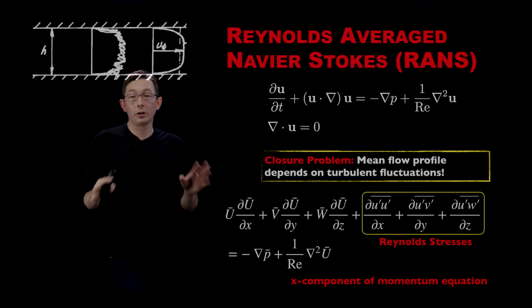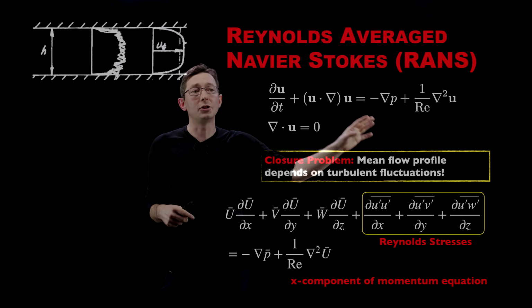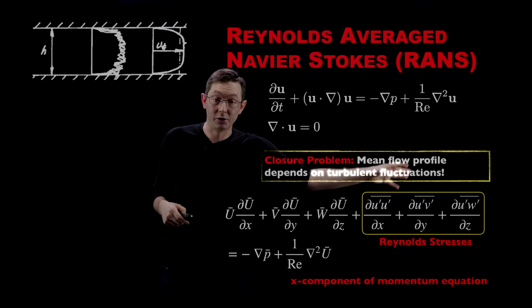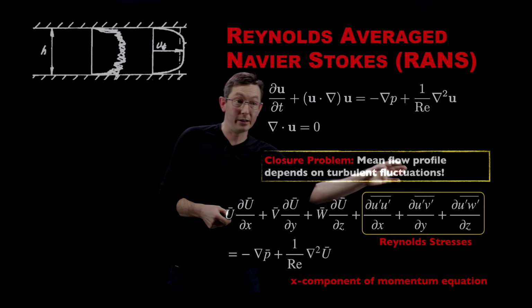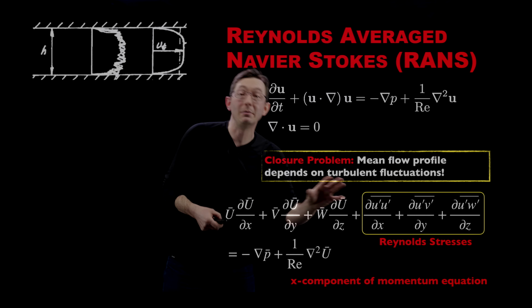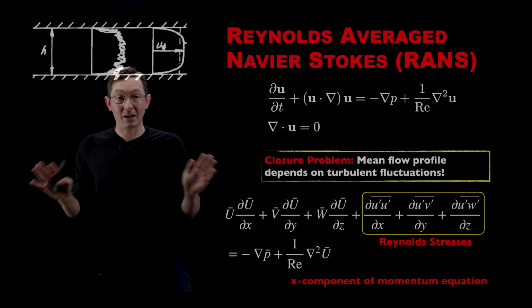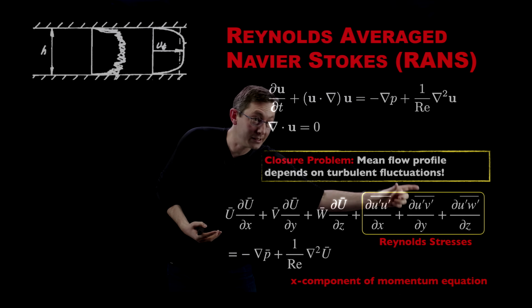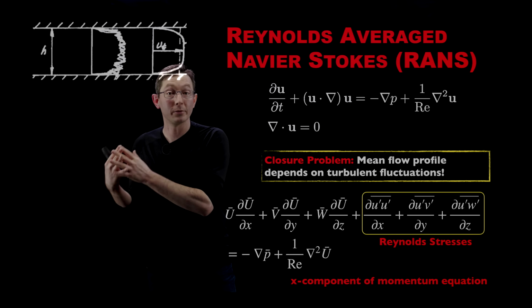And so the whole closure problem, as far as RANS is concerned, is this issue that the mean flow depends on those turbulent fluctuations. So we're essentially going to try to model those turbulent fluctuations in terms of mean flow variables. And this is by construction, by necessity, an approximation. These Reynolds stresses depend on small turbulent scales that we don't want to resolve.